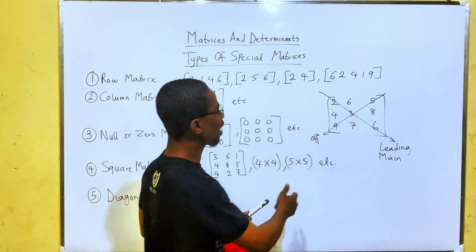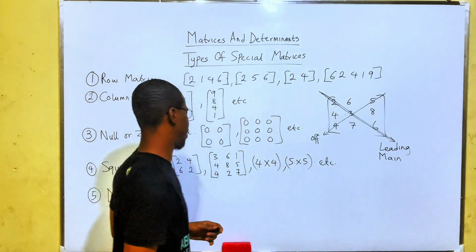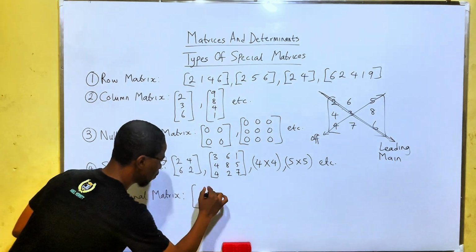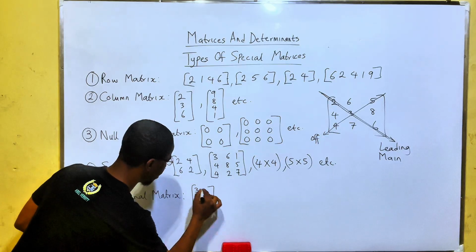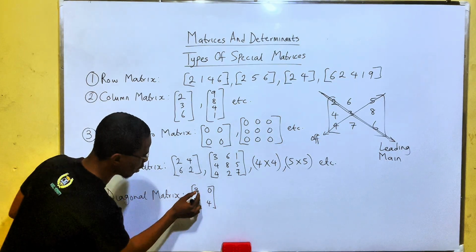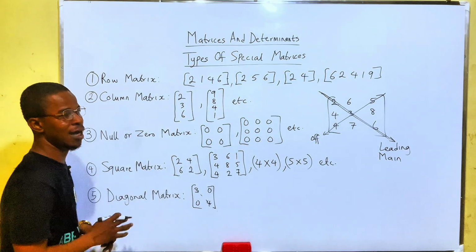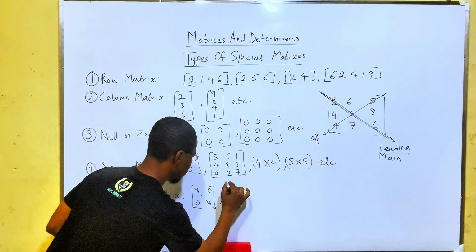That means every other element here will be 0 except these elements here. So for example, for a 2 by 2, here will be 3, 4, 0, 0. Observe, this is the leading diagonal. It will have values, but the off diagonal has no value. Other elements have no value.